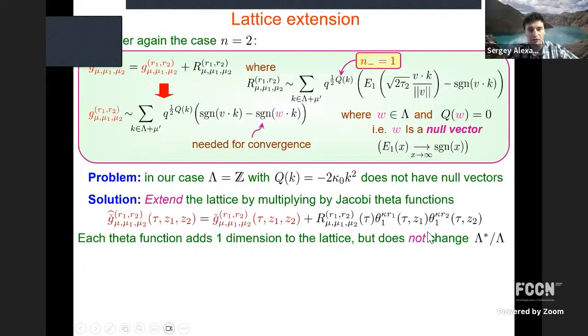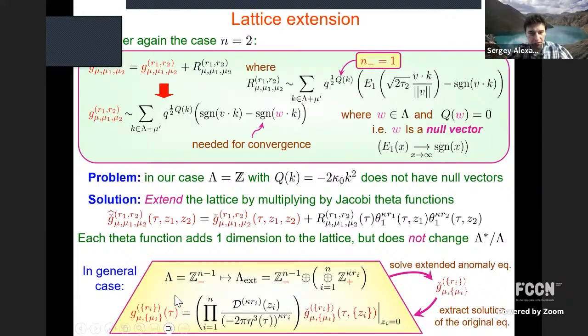As a result, we get a new anomaly equation for this g check, which also now depends on additional complex parameters z1 and z2. But the point is that the multiplication by Jacobi theta series effectively enlarges our lattice. So each factor of Jacobi theta series extends the lattice by one additional dimension. And as a result, you get a new lattice, and in the new lattice you already have a null vector. And you can write a solution, and then, having found the solution on the extended lattice, you can return to your original problem.